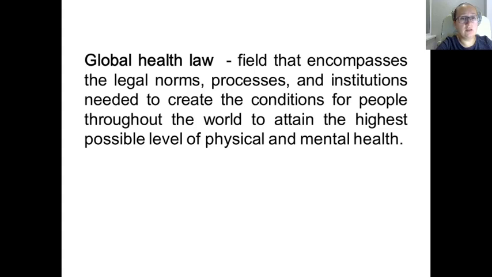So you see that they tried to use all the characteristics of the worldwide regulation of health around the world.